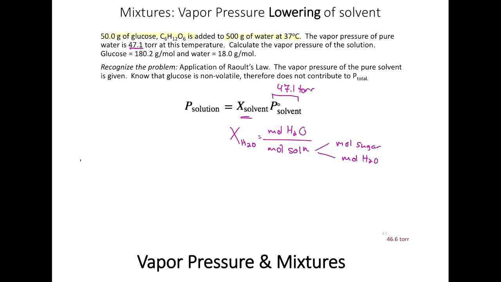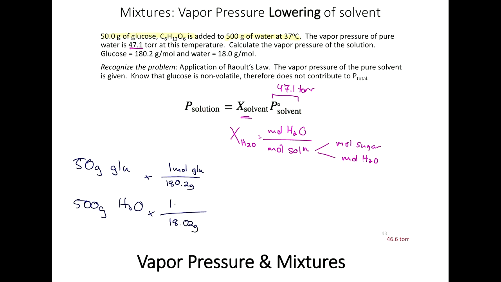So let's convert 50 grams of glucose and 500 grams of water into mole amounts. So I give you the molar mass of glucose, so 180 grams is 1 mole of glucose, and then water is 18 grams, 1 mole.